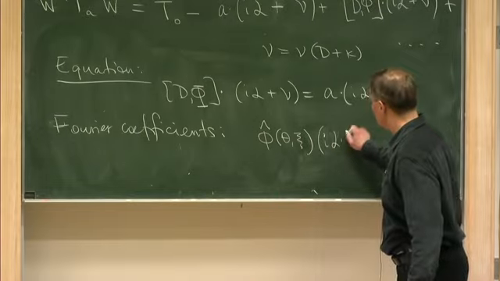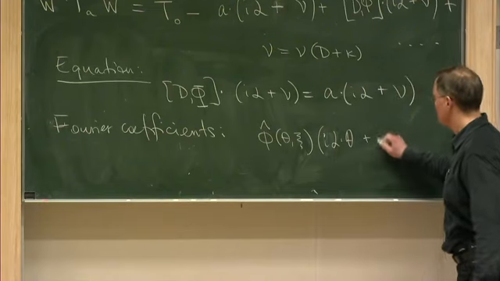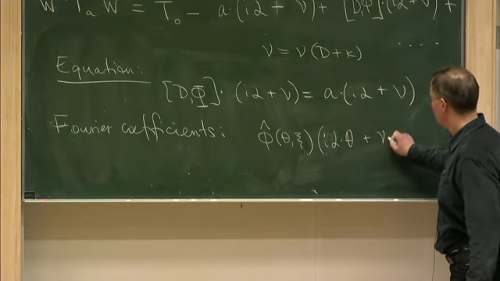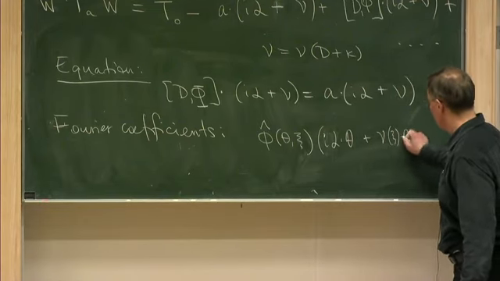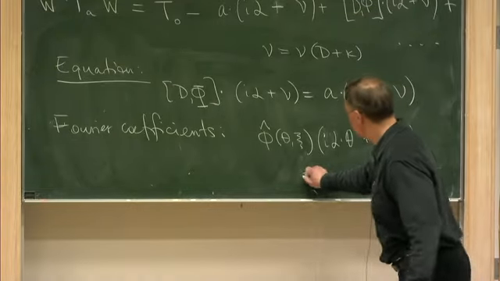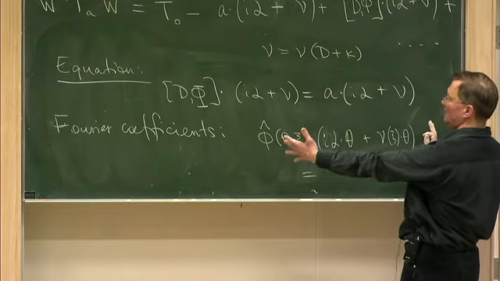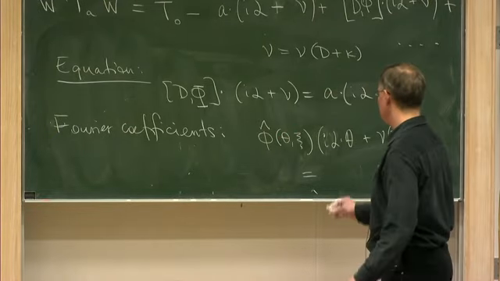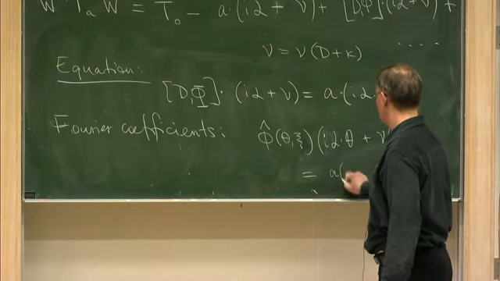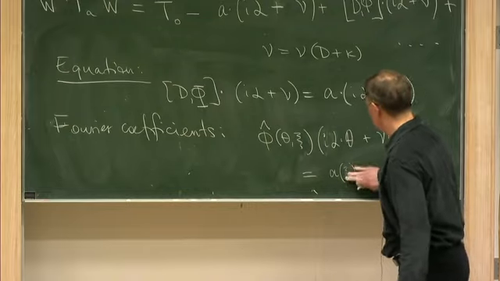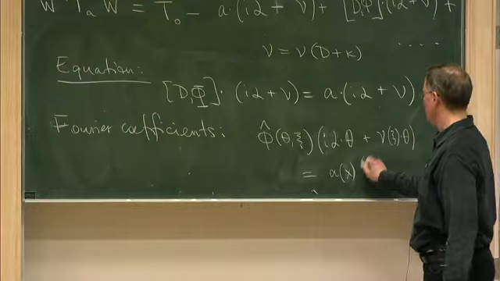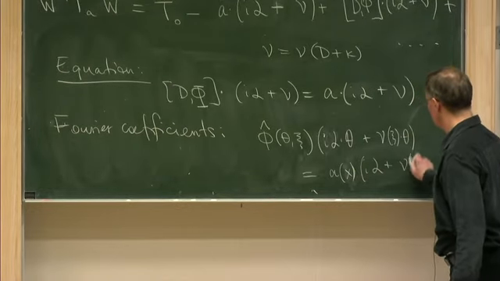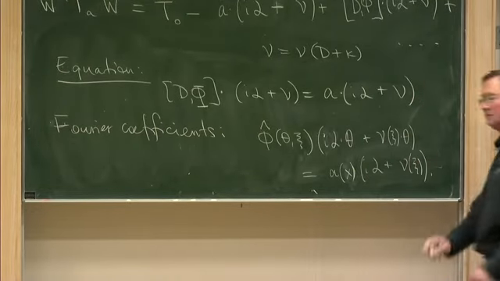I alpha theta plus mu psi theta equals, this is the left hand side, and the right hand side will be a psi, ax, excuse me, and here I have I alpha. Okay?